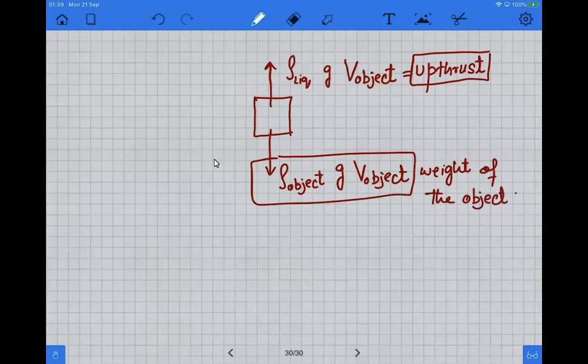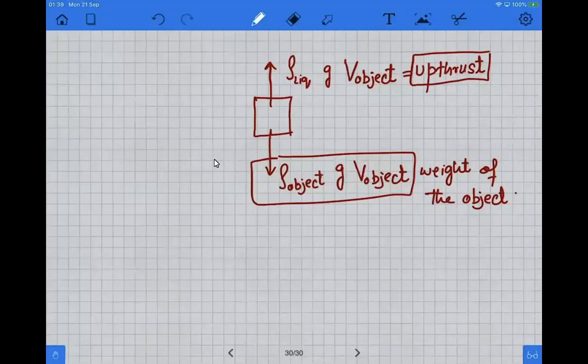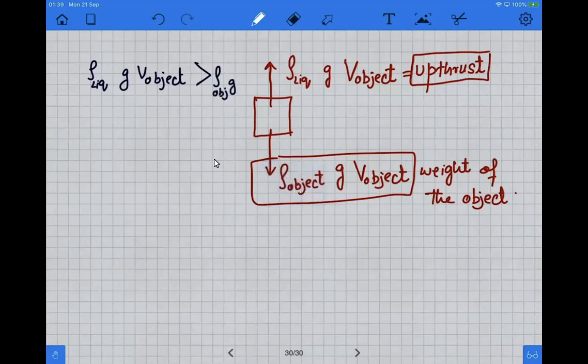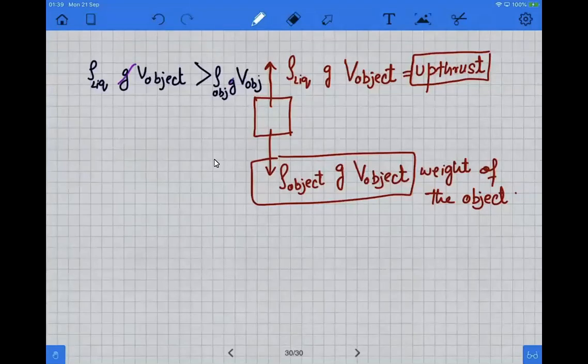Now, if we write the condition for sinking and floating, then from here we get: if density of liquid into g into volume of object, that is upthrust, is greater than density of the object into g into volume of the object, then you see on the two sides you get g and volume of the object.